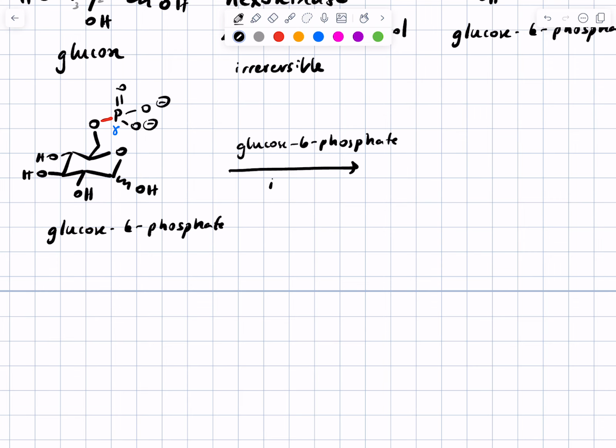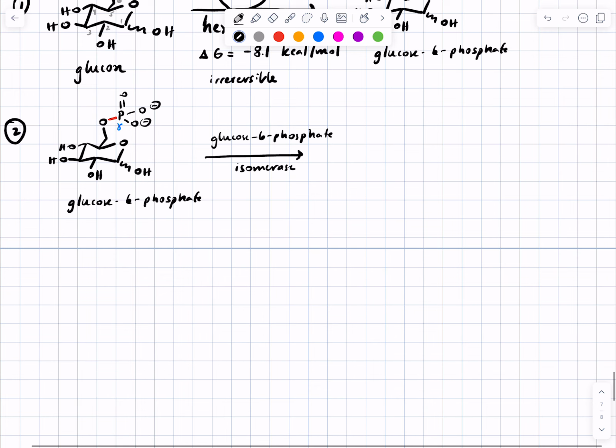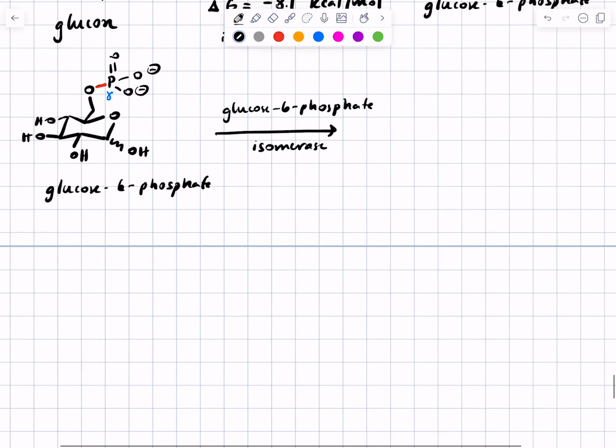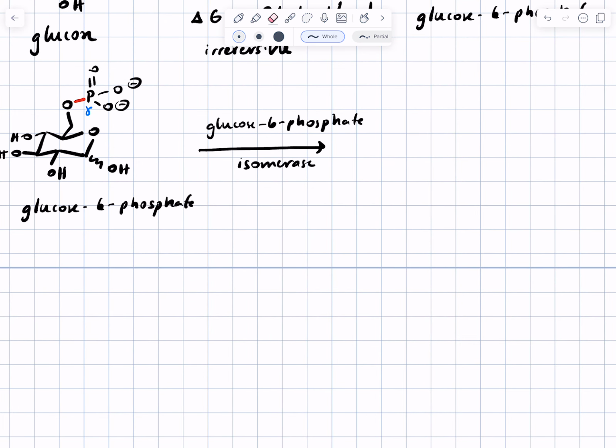And the reaction isomerizes glucose 6-phosphate into fructose 6-phosphate. A lot of F's and pH sounds there. Let me draw fructose 6-phosphate for you, and then we'll talk about the mechanism of the reaction.